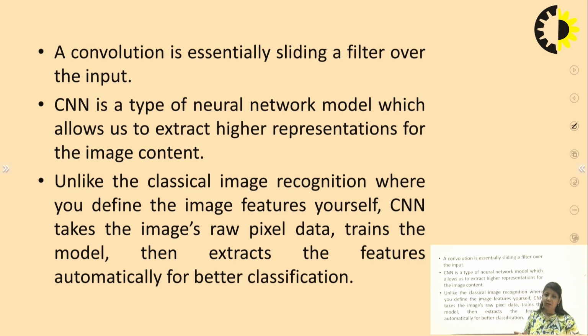Facebook already uses the CNN technique for recognizing faces as we tag them, and other social media apps like Instagram also use this deep learning technique. It extracts the features automatically for better classification. The basic purpose of every machine learning algorithm is the classification of objects or data, and for this classification purpose we are using this technique.